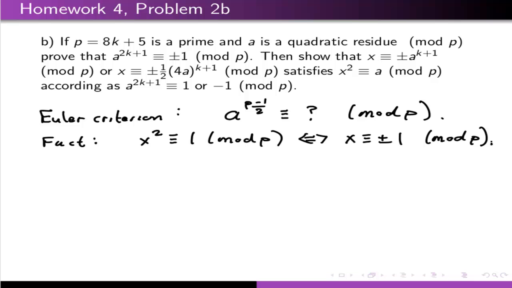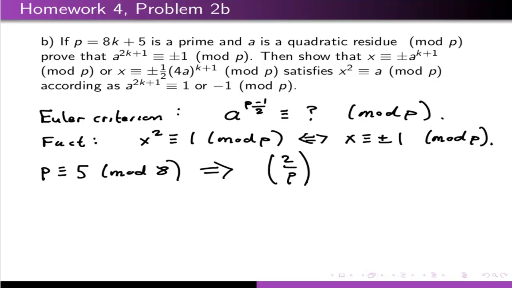Another fact that would be useful in this problem is when is 2 a quadratic residue? So if p is congruent to 5 mod 8, then when we studied the section on Gauss's lemma, we established when 2 was a quadratic residue. So what does this say 2 is equal to?